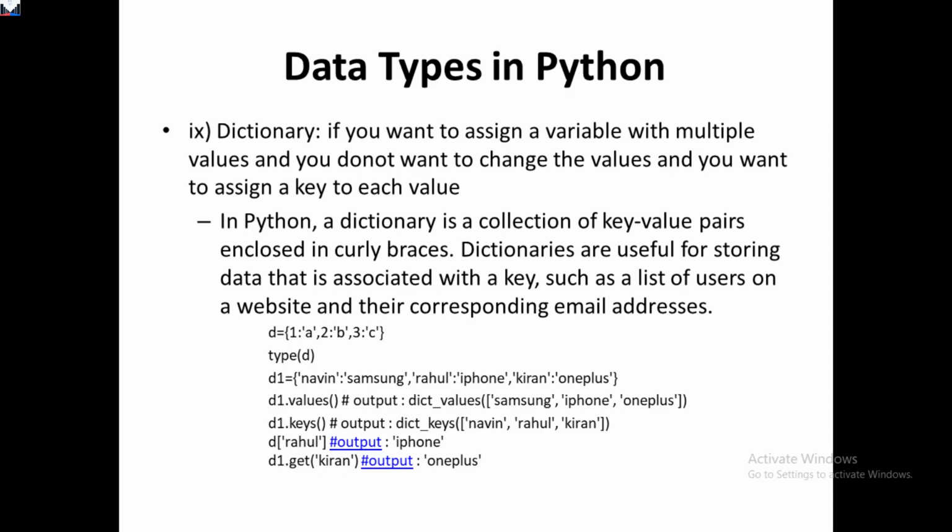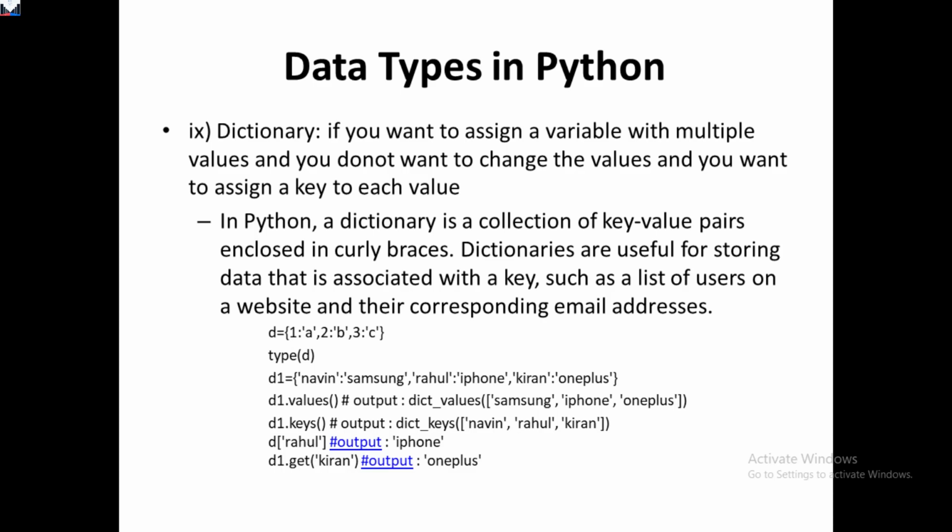And this one, d1 is equal to Naveen Samsung, Rahul iPhone, Kiran OnePlus. If you display d1 dot values, then output will be Samsung, iPhone, and OnePlus. Keys are on the left side: Naveen, Rahul, Kiran are the keys, and Samsung, iPhone, OnePlus are the values.